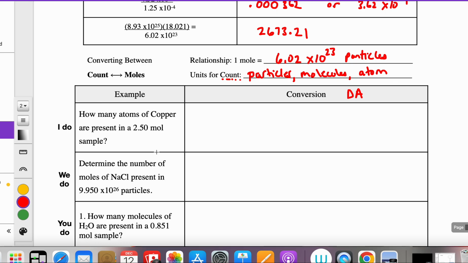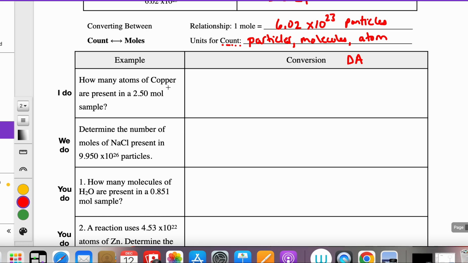So first example that I will do, it reads, how many atoms of copper are present in 2.50 mole sample? So here's my starting quantity. In this example, I need to go from mole to a count of atoms. So I'm going to start with 2.50 mole, and it's moles of copper, Cu.